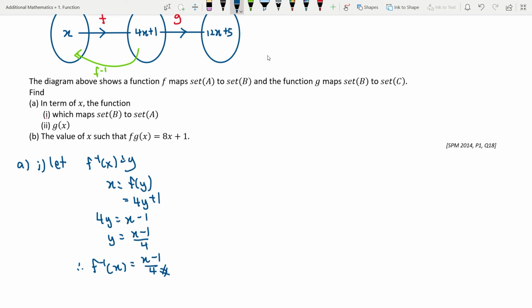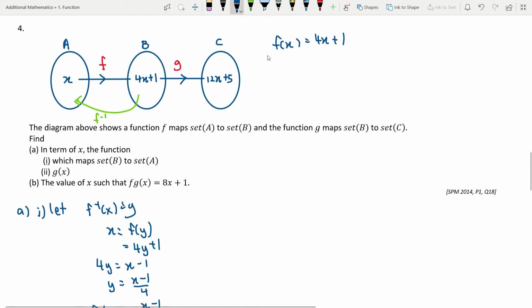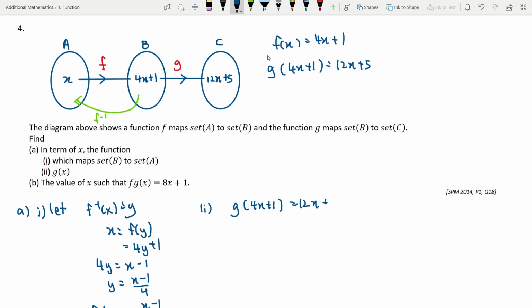A2. In terms of x, find the function of g of x. Function g maps set B to set C. So basically we have g of 4x plus 1 equal to 12x plus 5.